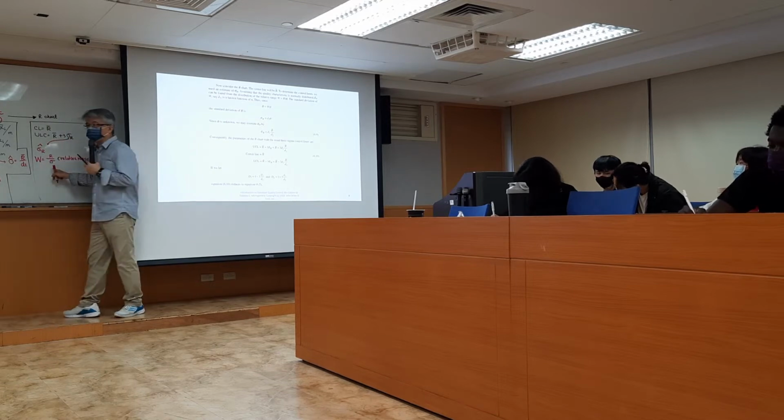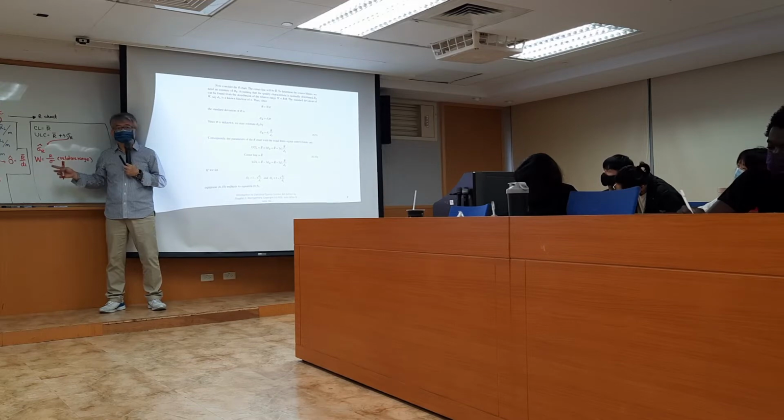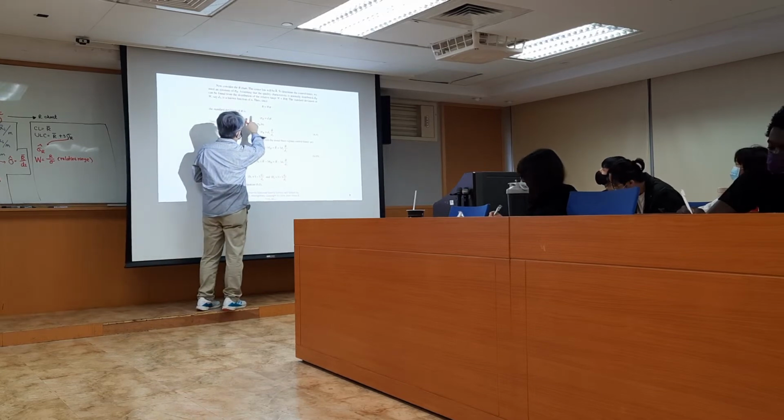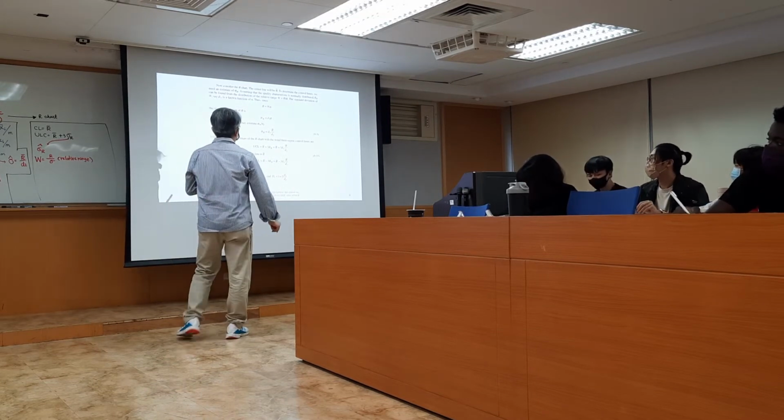Why do we call this a relative range? The range is scaled by the standard deviation, defined as W. This is by definition, so the relative range W equals R over sigma.